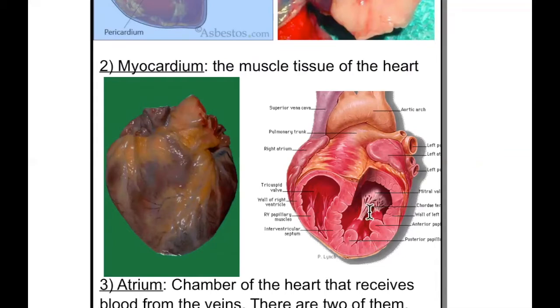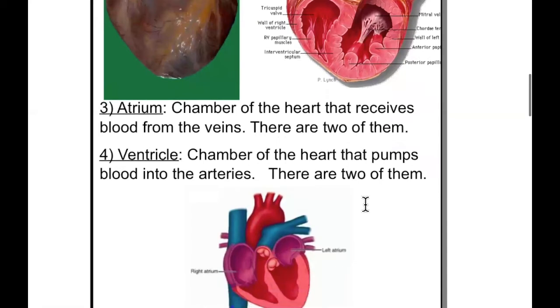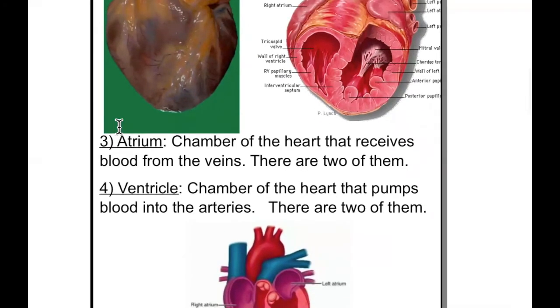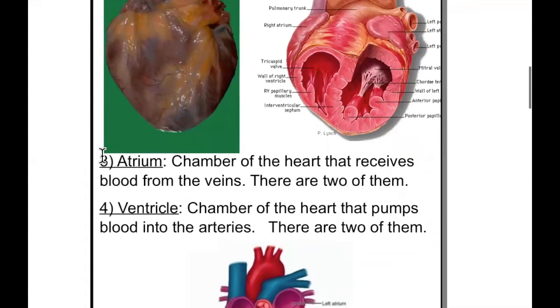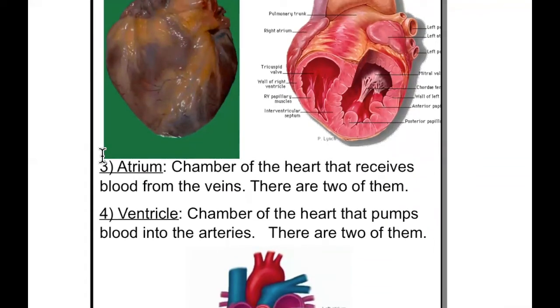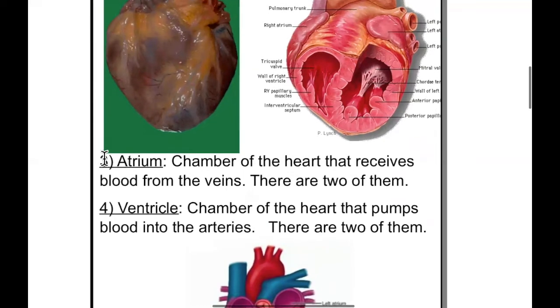And as I said, these are chambers. Your heart is empty. Well, it's full of blood, but it is hollow. It has these spaces. Those spaces are known as atria and ventricles. Atria is plural, atrium is singular. So we have the atrium, the chamber of the heart that receives blood from the veins.